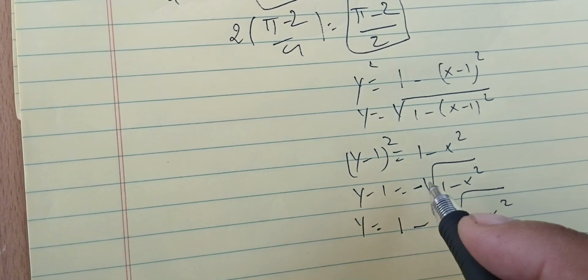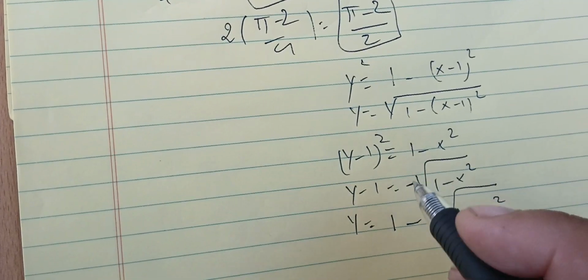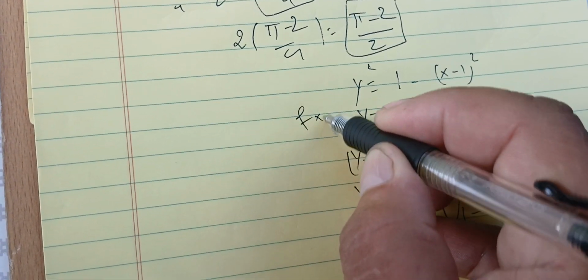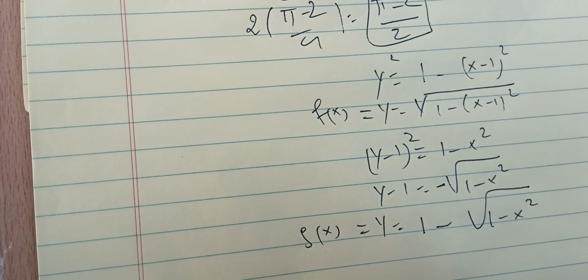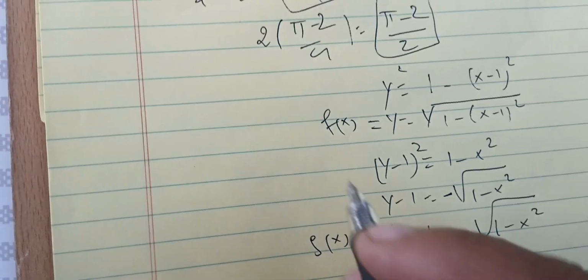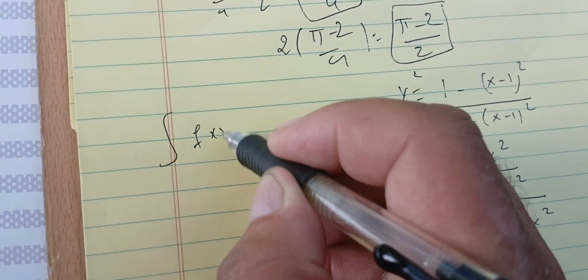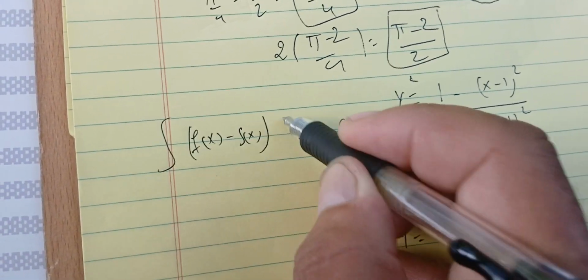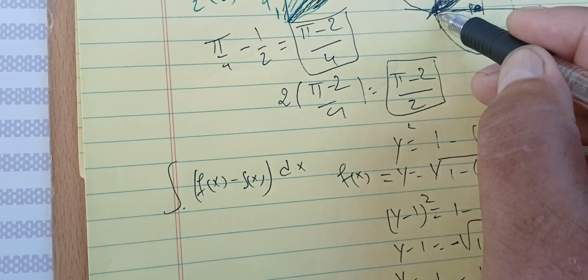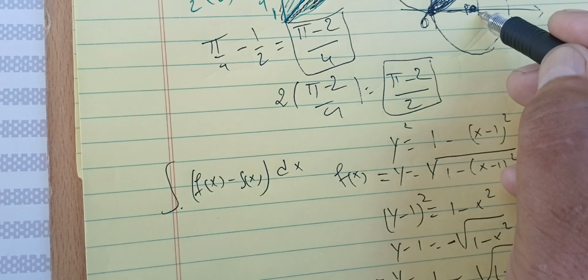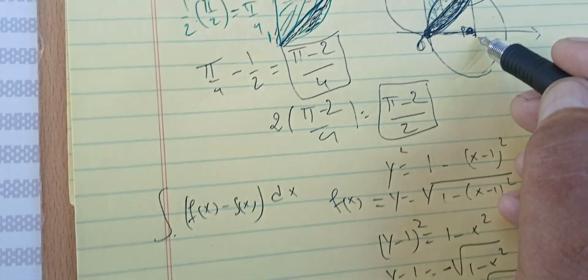Now I need to find the points of intersection to be able to integrate f of x minus g of x dx between them. I think they are 0 and 1, and we're going to prove it.